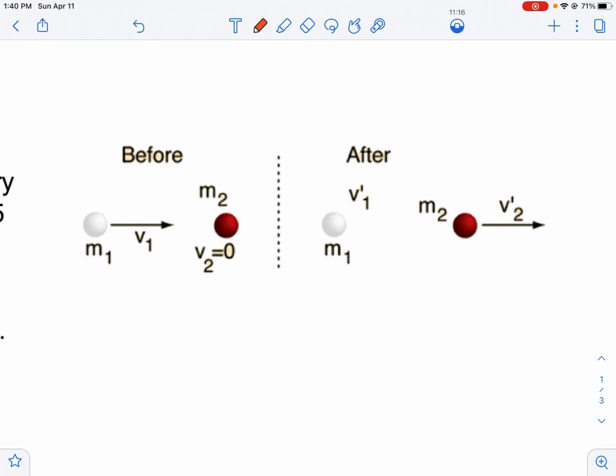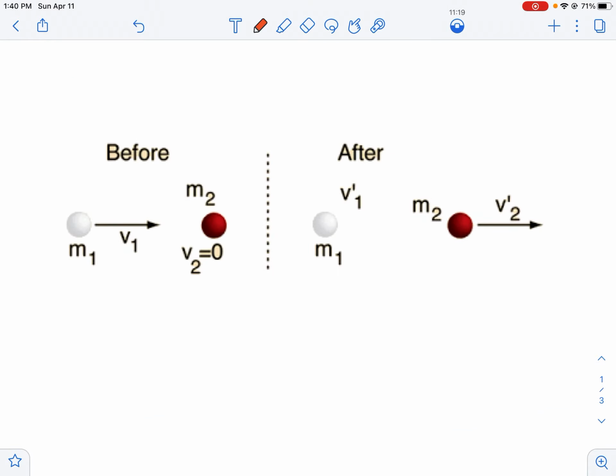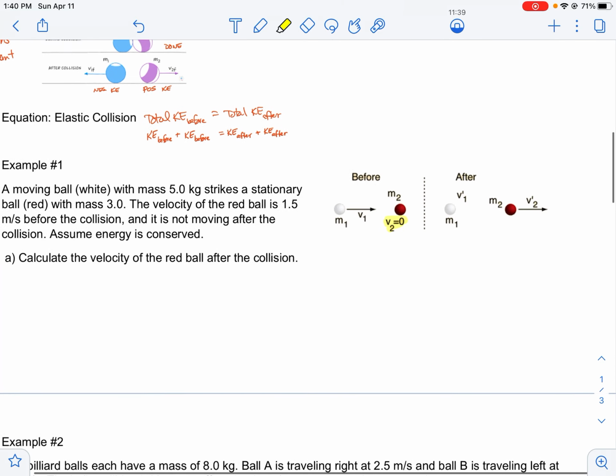So here I have a white ball that's moving, a red ball that's not moving. How do I know that? Well, because this says velocity 0, right? Okay, and then they are going to hit each other. That's why there's a before and after here. And then it looks like the white ball has stopped and the red ball is now moving. Okay, so let's see what the problem tells us.